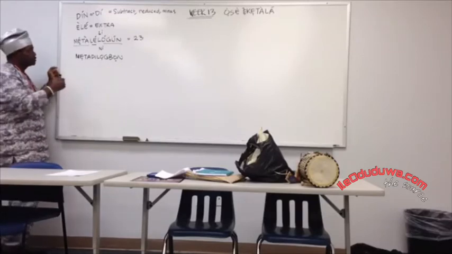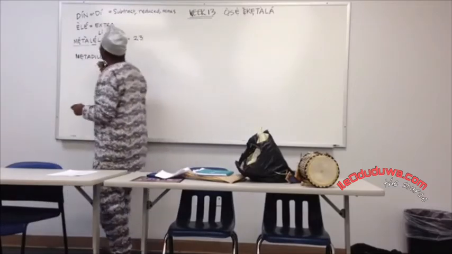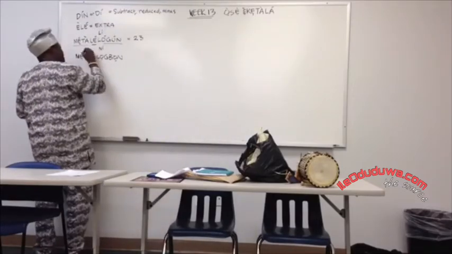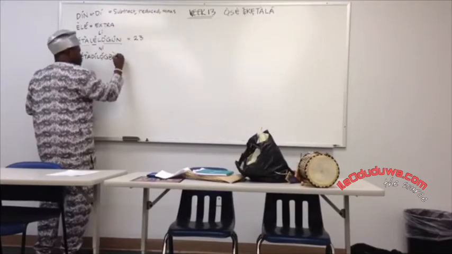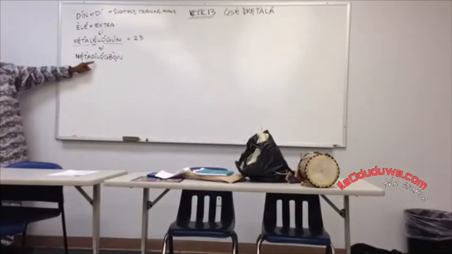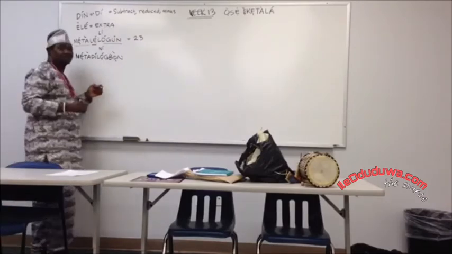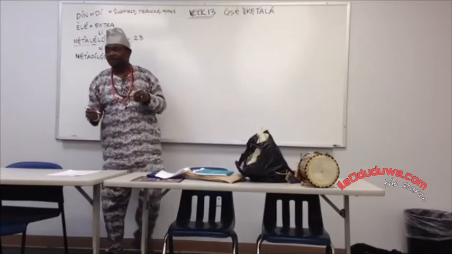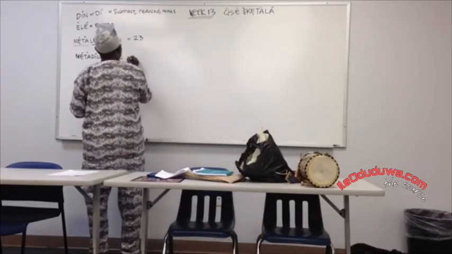For example, meta di logbon. Out of 30, I took 3 out. And that would be 27.